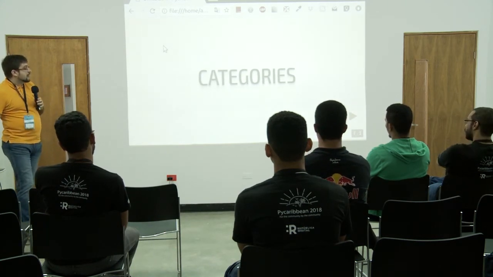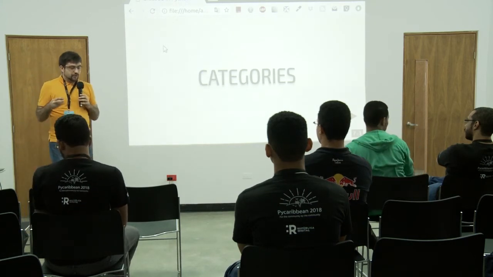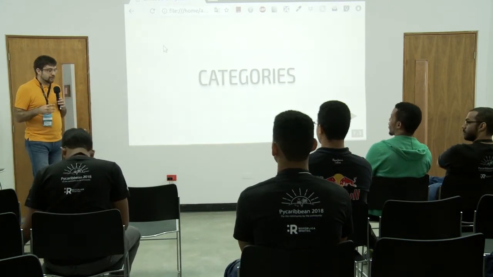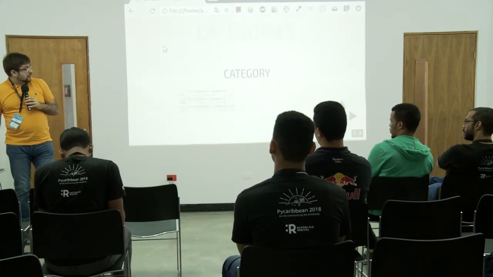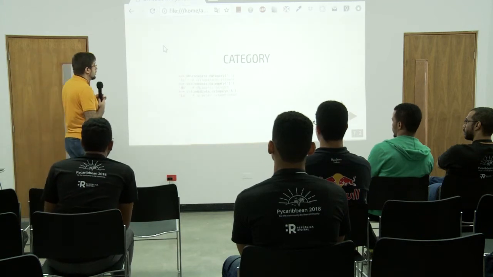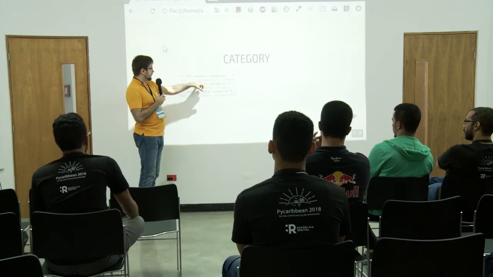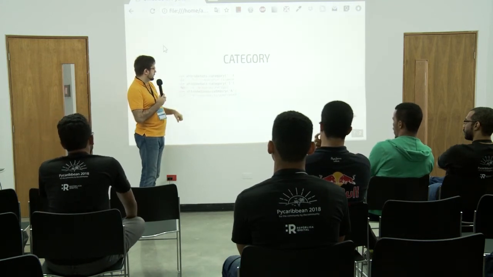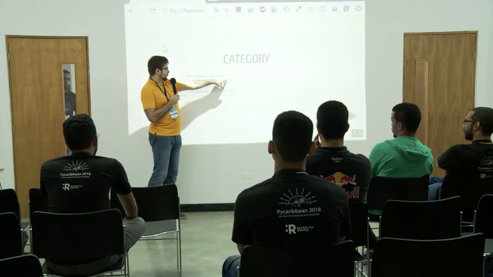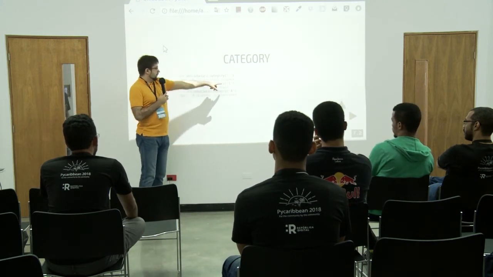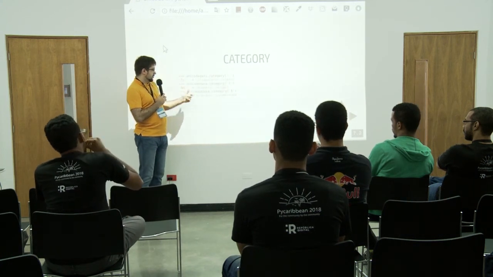Unicode categories. It's an interesting thing because in Unicode all characters, all code points are split into many categories. Examples are: the category for space is separator, space. The category for Arabic number 1 is numeric digit.